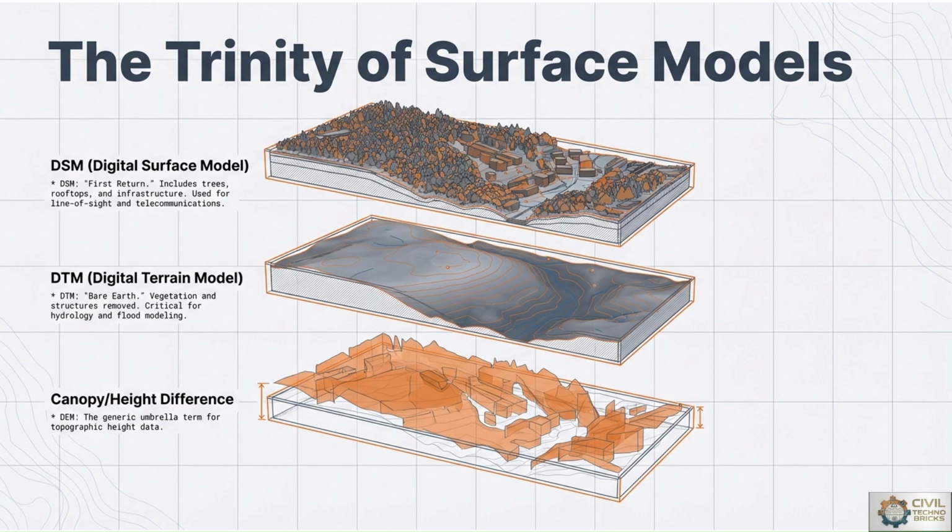So digital elevation model is a quantitative representation of the earth's surface in digital form. It is a regular grid of cells where each cell is assigned a specific elevation value relative to a vertical datum like mean sea level.